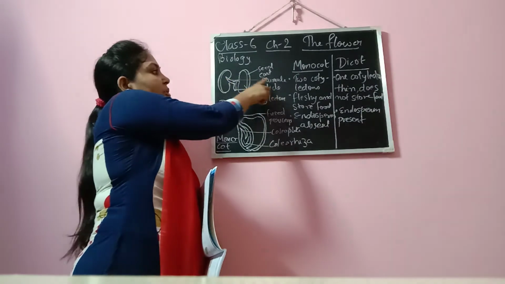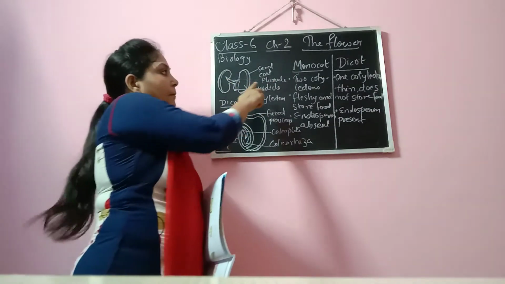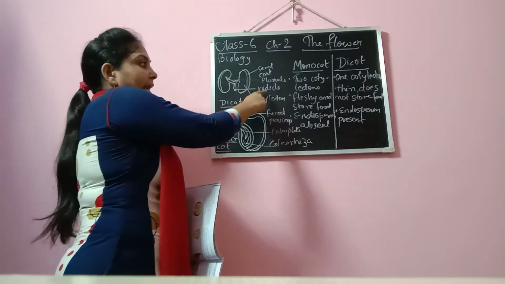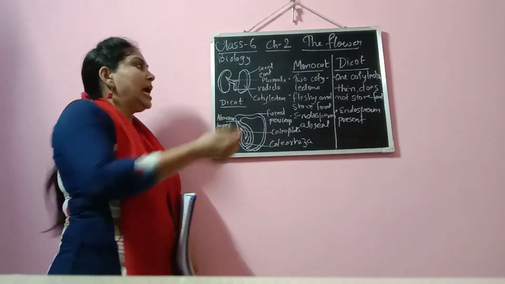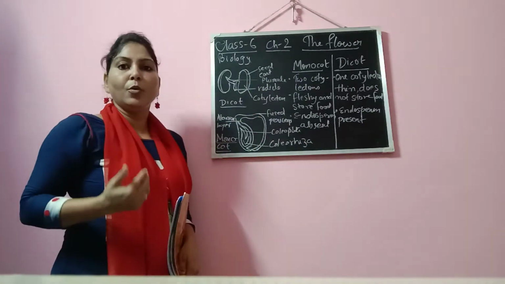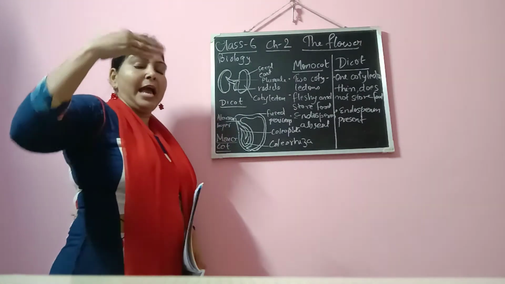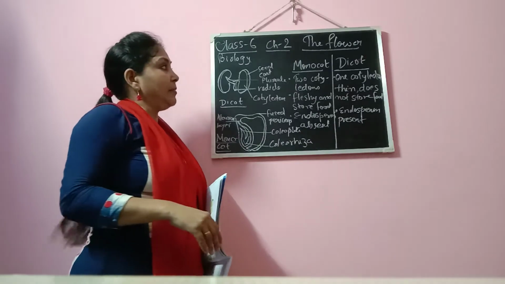Okay, and it is called plumule, P-L-U-M-U-L-E, plumule. Okay, so radicle develops into roots and plumule develops into the shoot system, means stem, and then it bears the other parts.